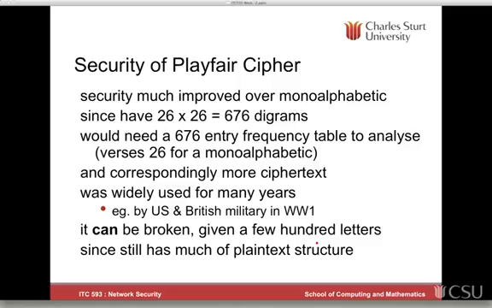The Playfair cipher was for a long time considered unbreakable. It was used as the standard field system by the British Army in World War I and still enjoyed considerable use by other armies and allied forces during World War II.